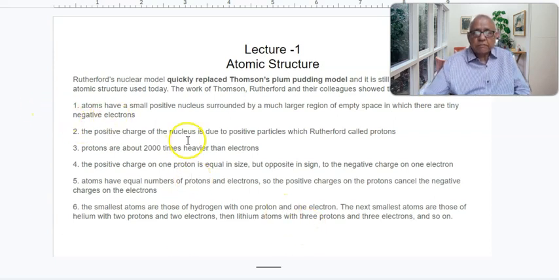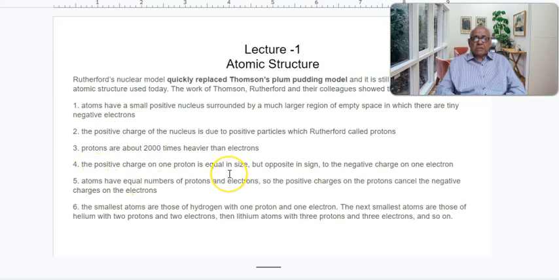First one is atoms have a small positive nucleus surrounded by a large empty space for the tiny electrons. The positive charge of the nucleus is due to the positive particles, which Rutherford called protons. Protons are about 2,000 times heavier than an electron.